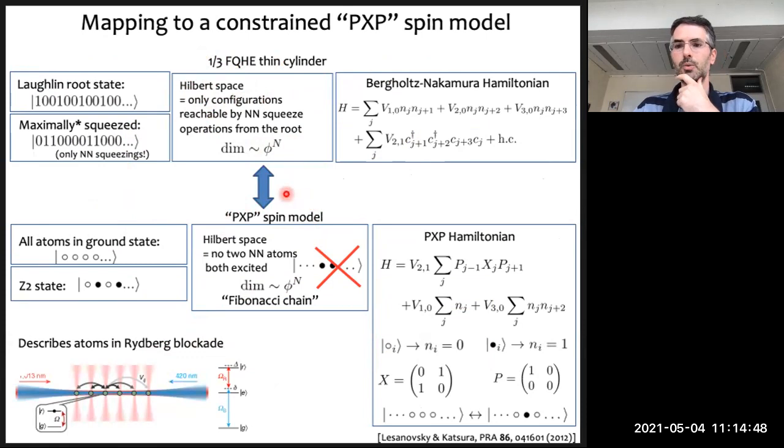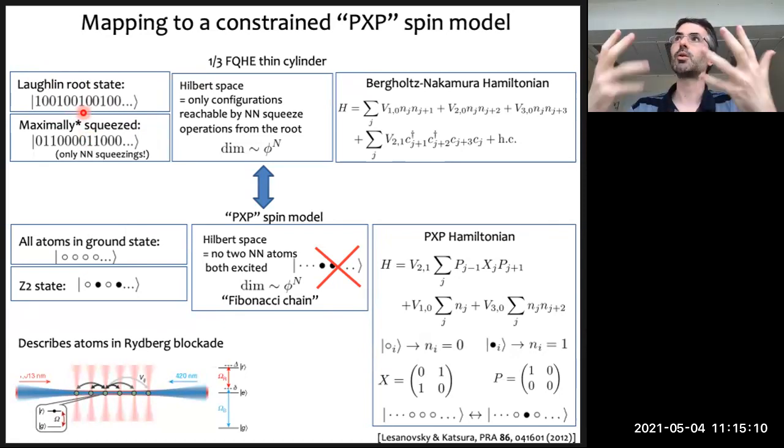So the way the mapping works, first the Hilbert space: if you start from your Laughlin root state, the Hilbert space contains all configurations that are generated from that root state by squeezing any two electrons, so just the nearest neighbors, okay?